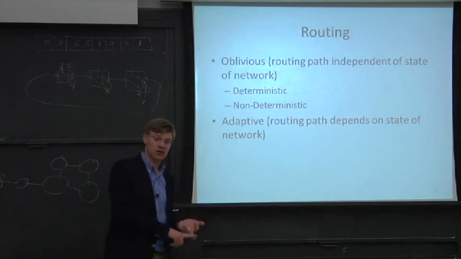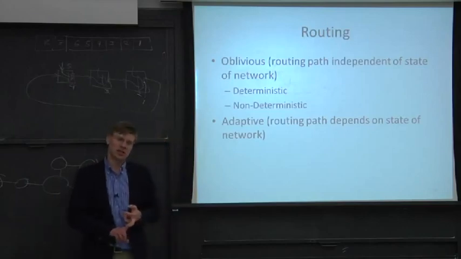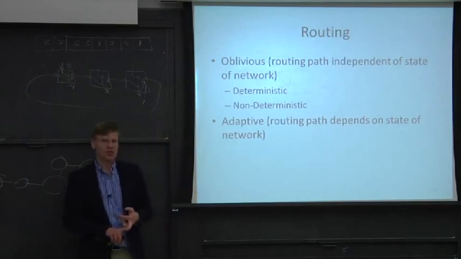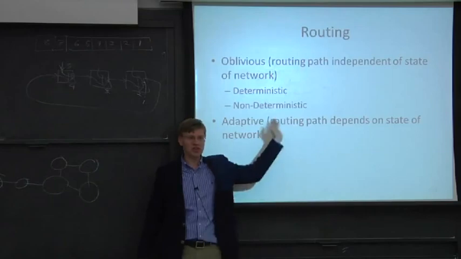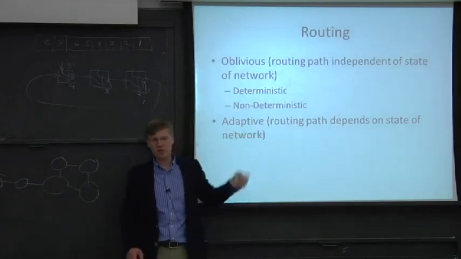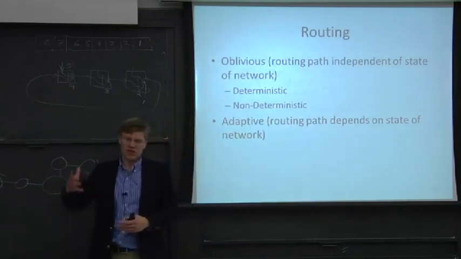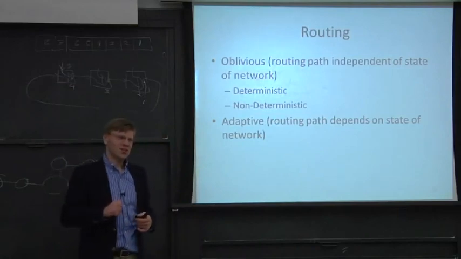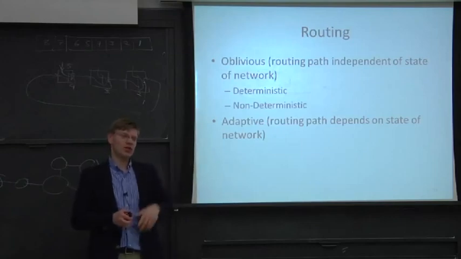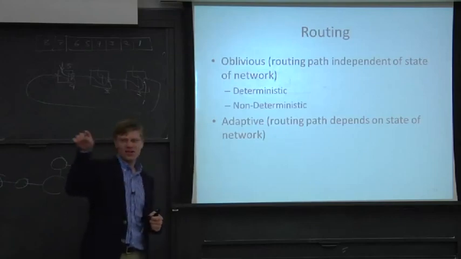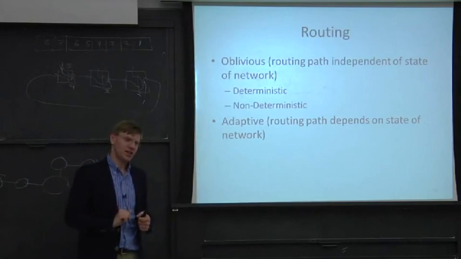And these can actually do slightly better than the deterministic oblivious routing algorithms. So let's take an example of this non-deterministic, but it still doesn't look at the state of the network. An example is where you choose some node in the system at random, and you route there first. And then once you've routed there, you route x and then y to the destination.